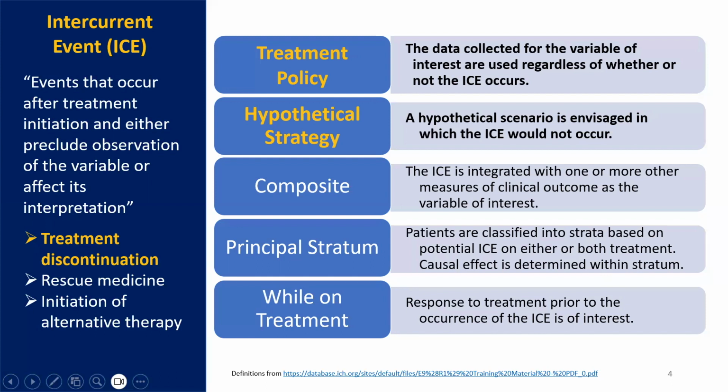The intercurrent events are defined as events occurring after treatment initiation that either preclude the observation of the variable or affect the interpretation of the trial results. Common examples of intercurrent events include premature treatment discontinuation, use of rescue medicine, and initiation of alternative therapy, among others.